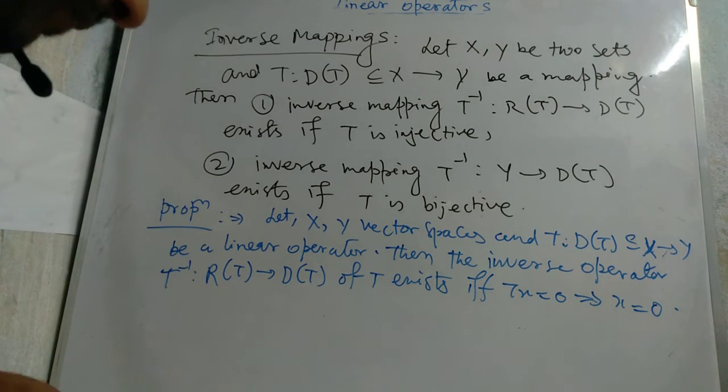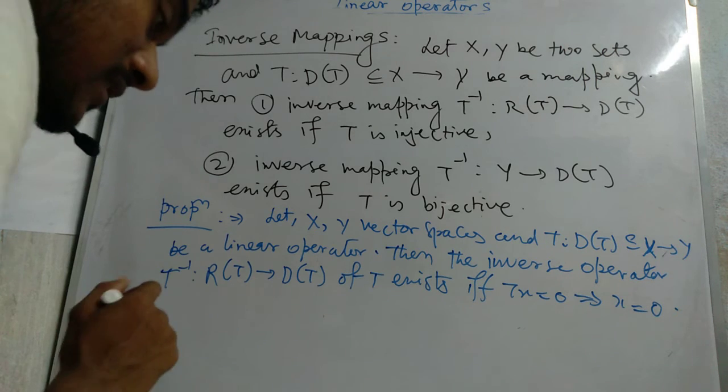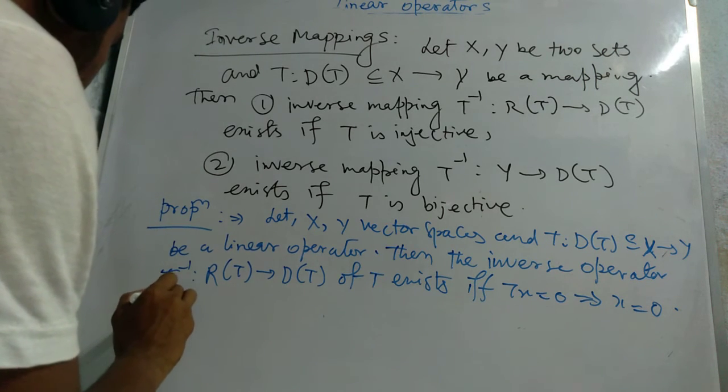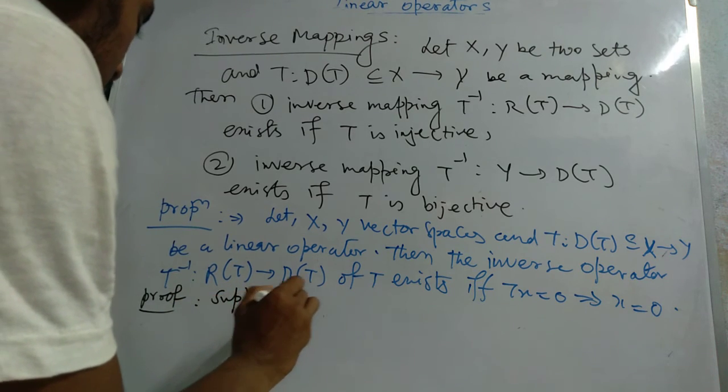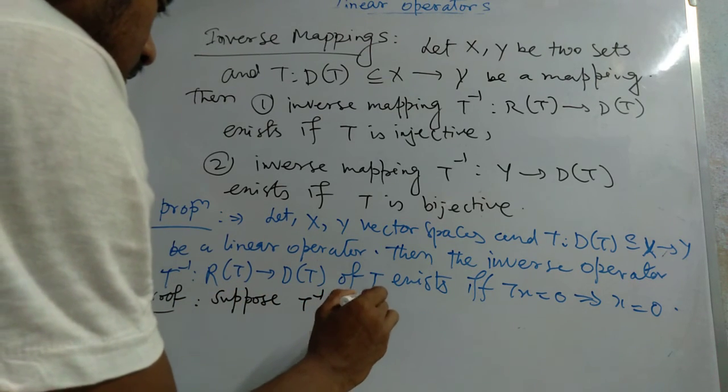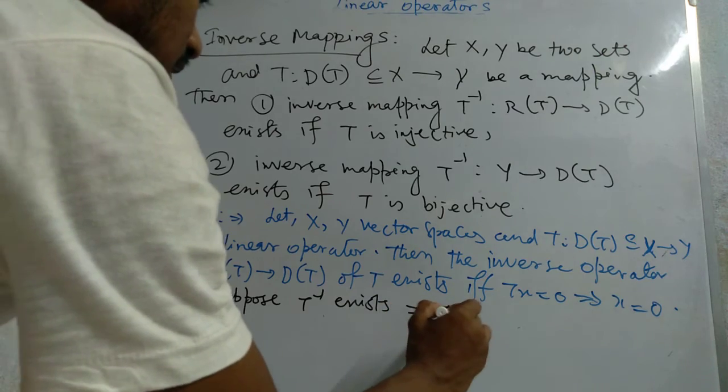We prove it simply. Suppose T inverse exists. This implies that T is one-one.